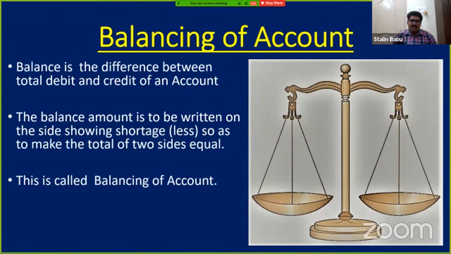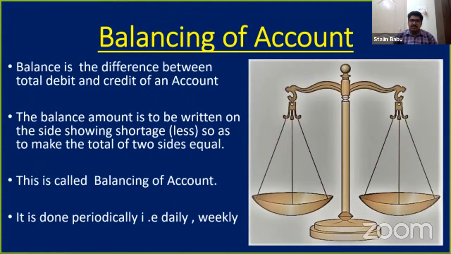Balancing of account is nothing but finding the difference between debit total and credit total, and the difference amount should be recorded on the shorter side to make both sides equal. It is done periodically as per the requirement of the business. It may be daily, weekly, or monthly.